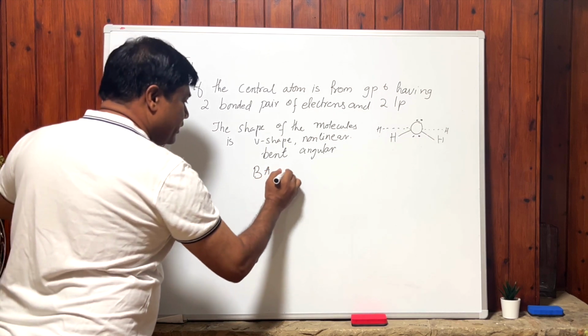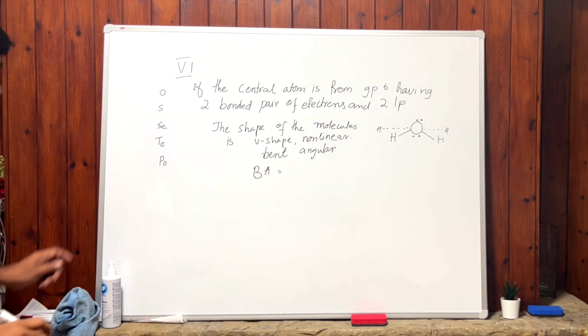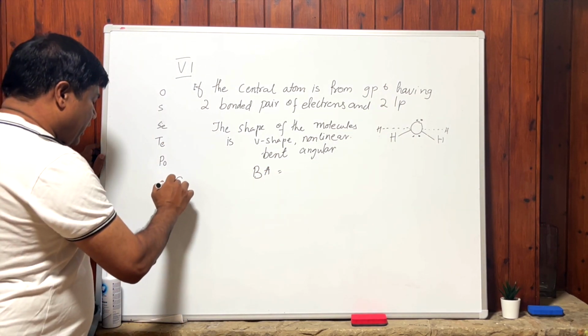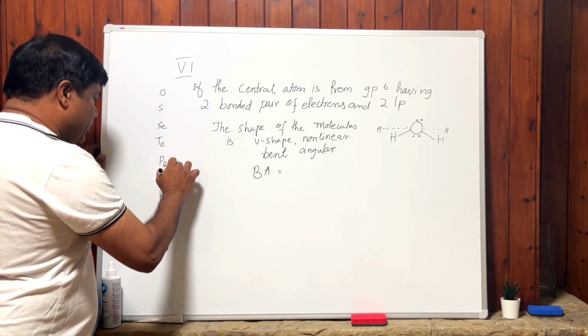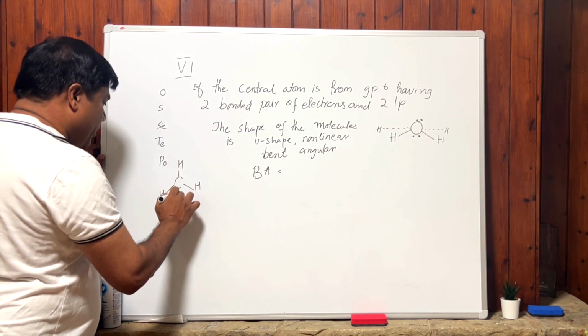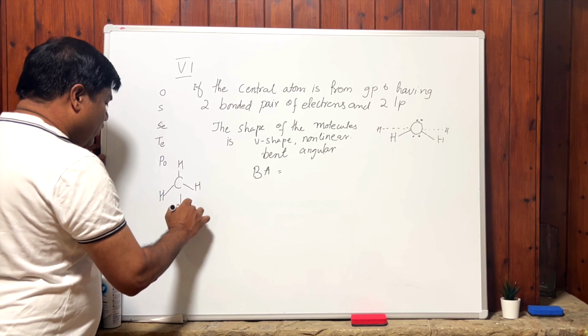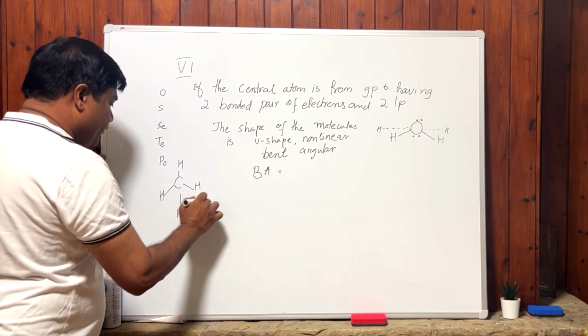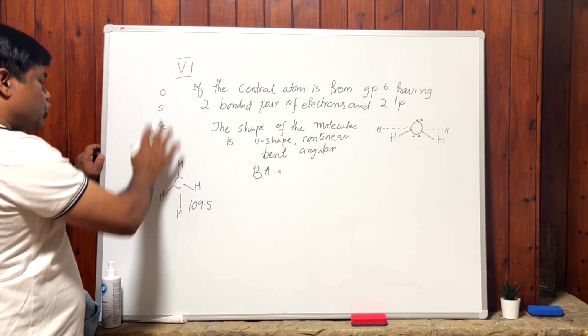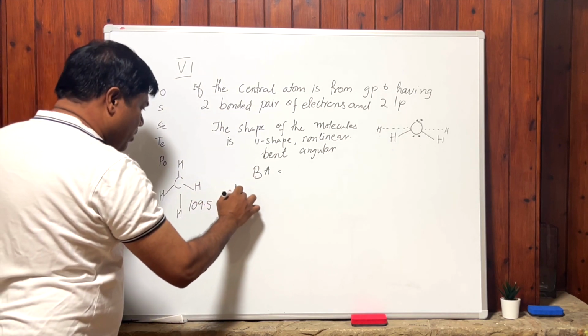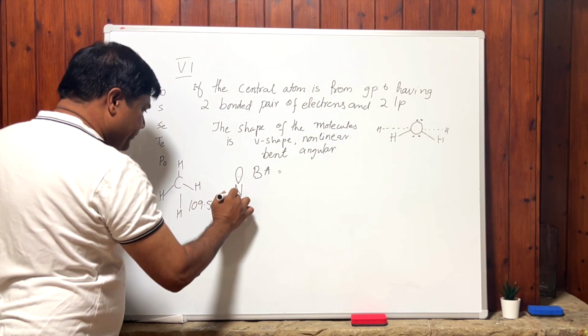BA, what's the bond angle? In case of methane, we have 4 bonded pairs of electrons and no lone pair: 109.5. Moving from group 4 to group 5, like in case of ammonia, one lone pair.